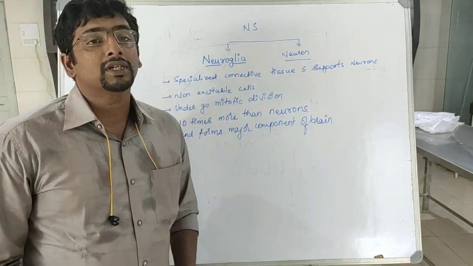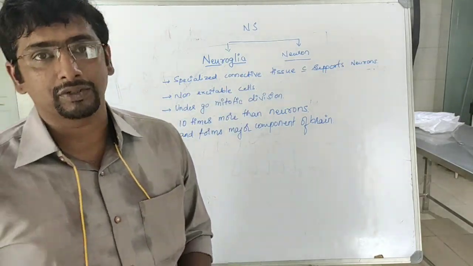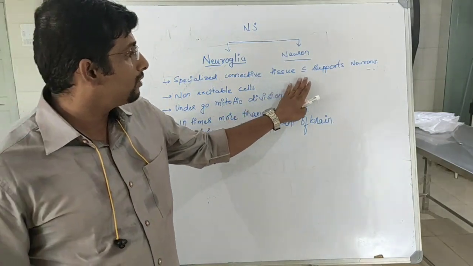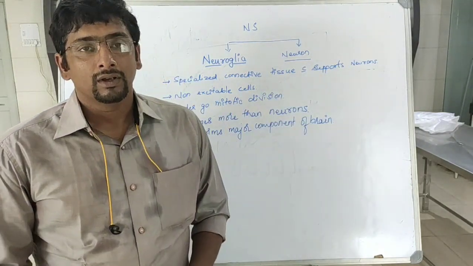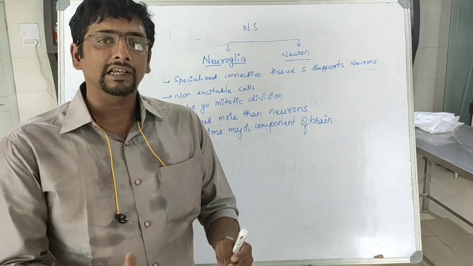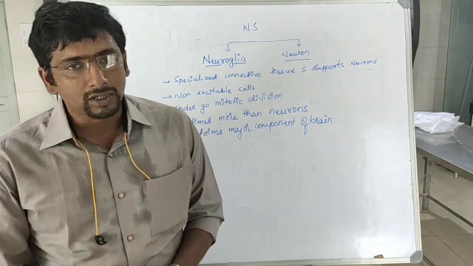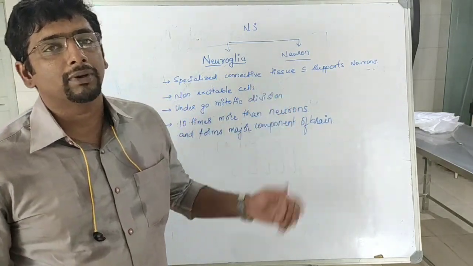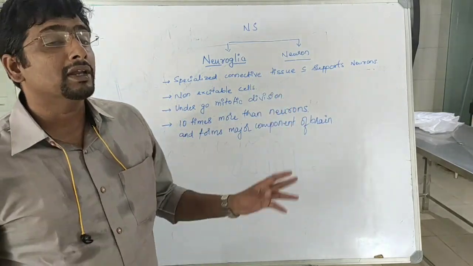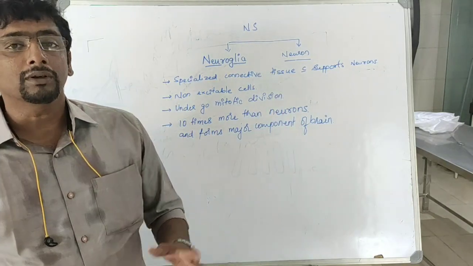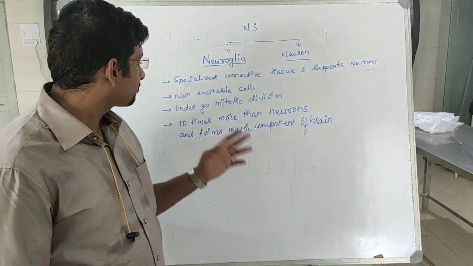Neuroglia is a special type of connective tissue which supports the neuron, functionally, structurally, and in the nutritional aspect. Whatever the neurons need is supplied by neuroglia cells, even protecting the neurons from bacterial and viral attacks.